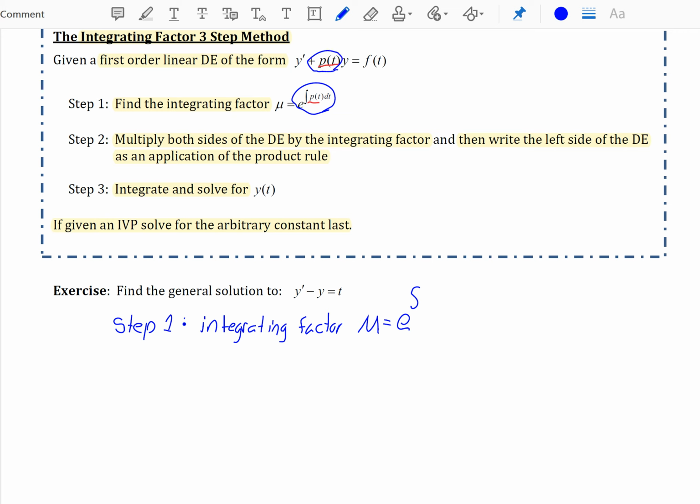So here, remember our coefficient includes the negative sign. Here our coefficient of y, p of t, is just -1. So we're going to be raising this to the integral of -1 dt. Of course, the integral of -1 dt is just -t.